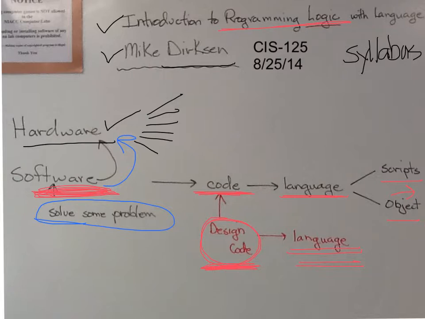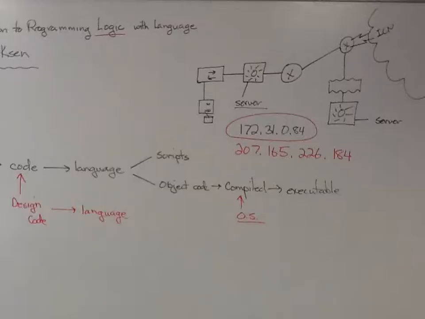A couple goals: that it actually executes, and there are no logic errors. It gives us the correct answer. And in most software, if it's well designed, it will run efficiently for years. Okay? So we've already talked about languages, right?